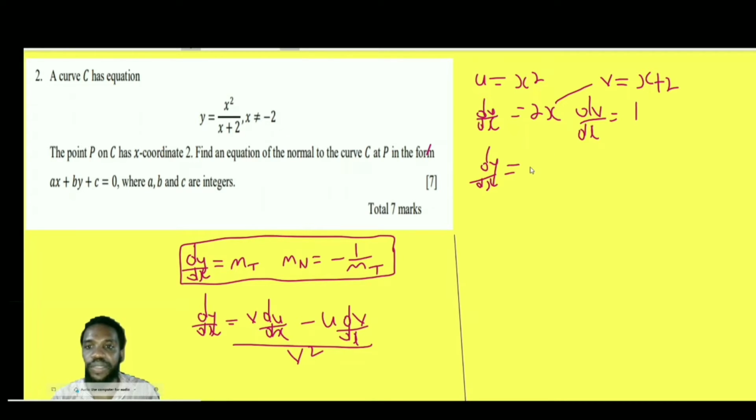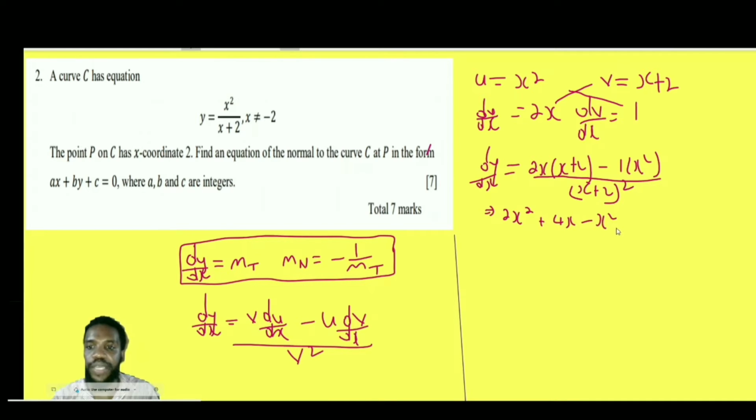So dy dx is equal to, and of course we can use cross multiplication here, this times this. So I'm going to have 2x times x plus 2 minus 1 times x squared, all over x plus 2 all squared. Let's tidy this up.